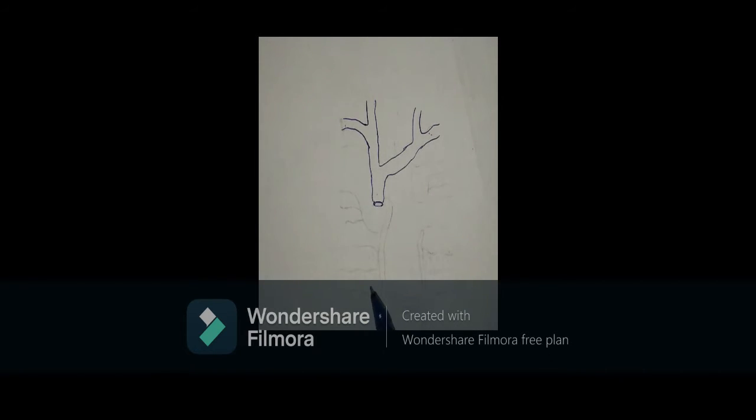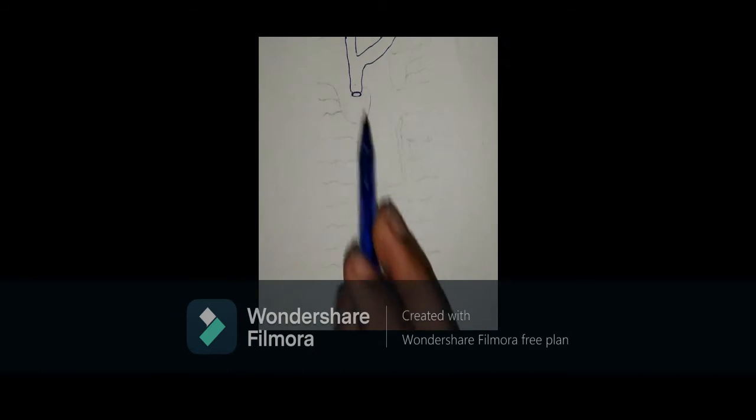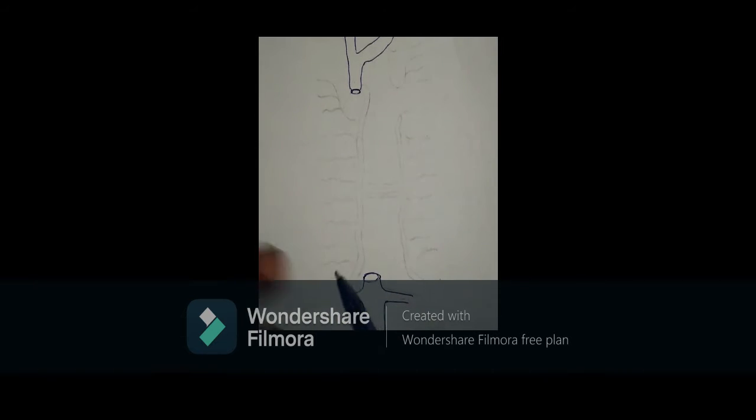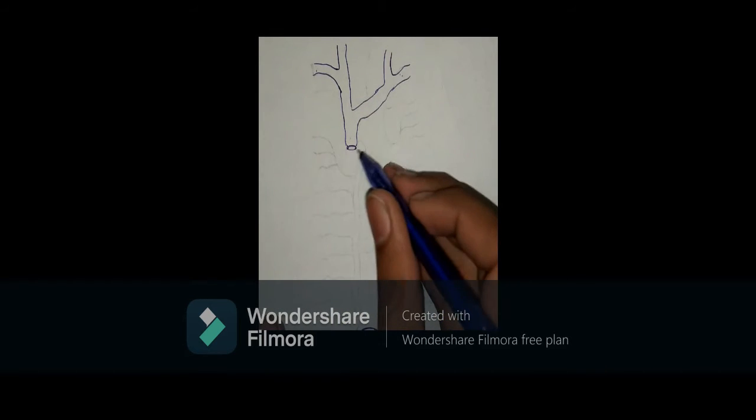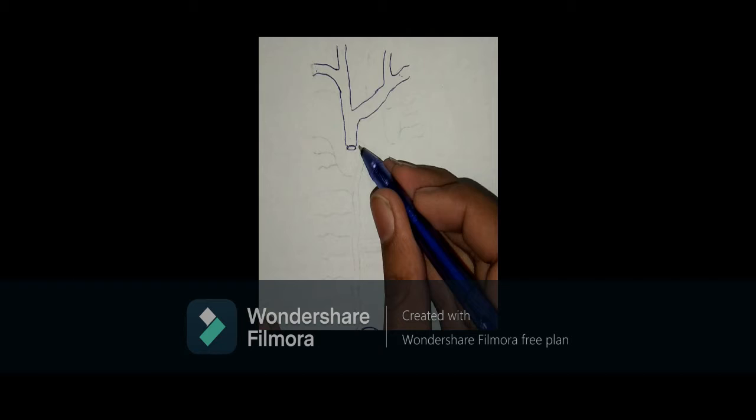Now let's see how the azygous vein is connecting the inferior vena cava with the superior vena cava. So let's draw the azygous vein.